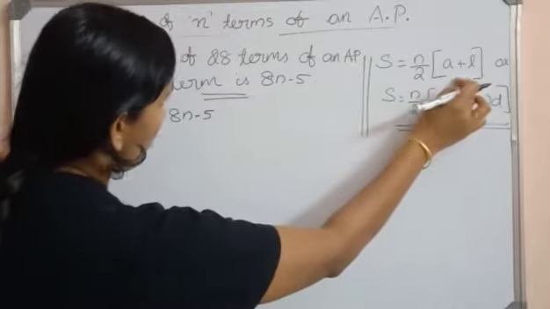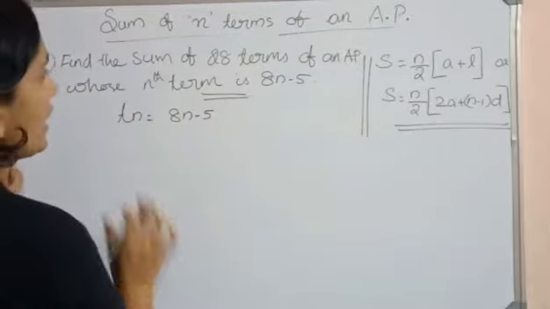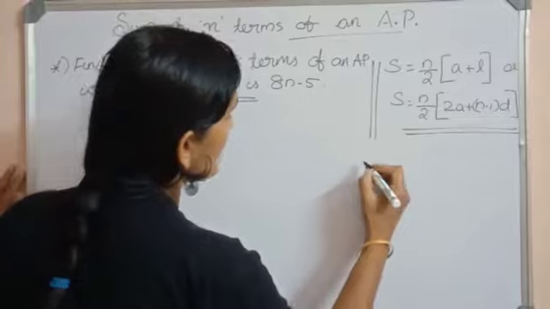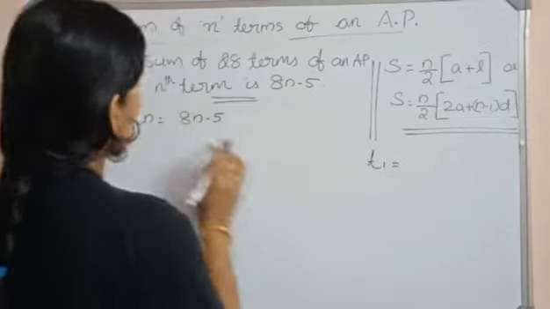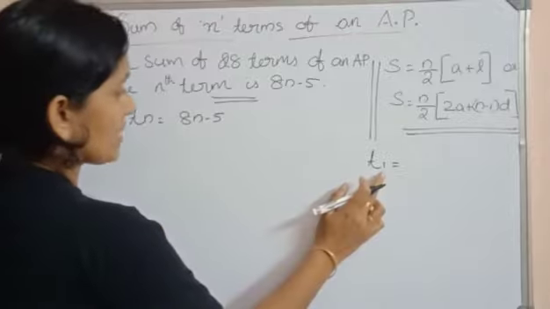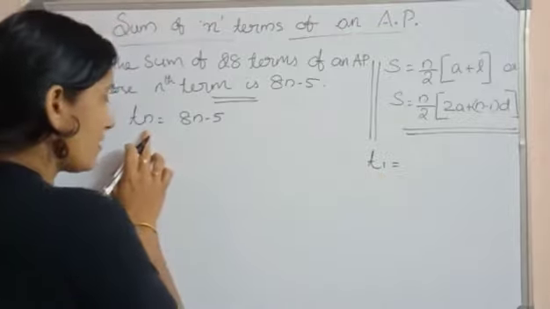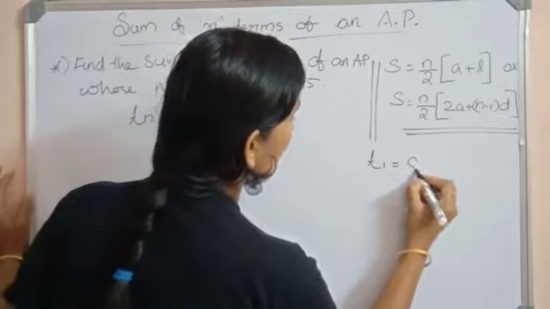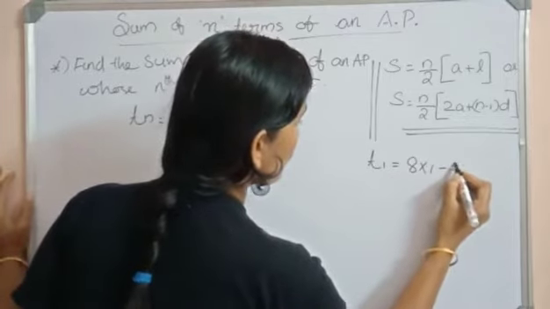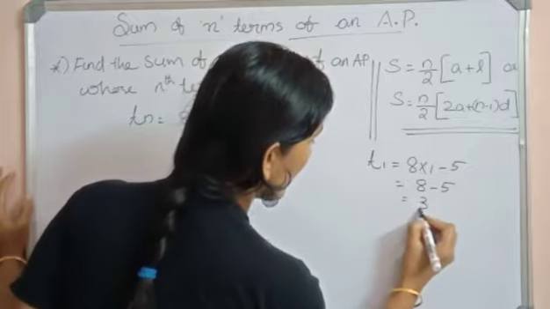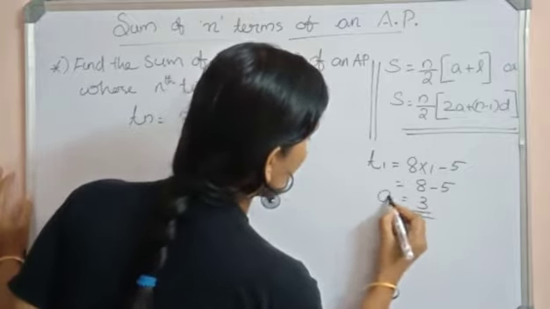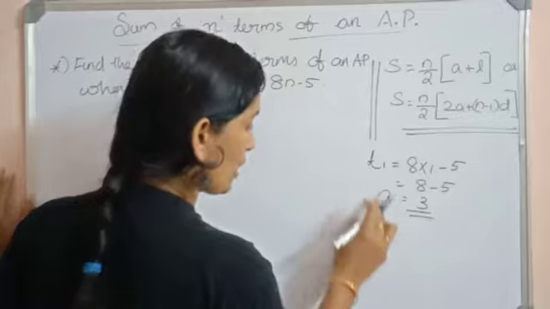Then we can use the formula to find the sum of 28 terms. The first term is T1; in the place of n, if we substitute 1, we will get T1. So this will be 8 into 1 minus 5, that is equal to 8 minus 5, that is 3. So we got the first term as 3, T1 or a, both are the same.